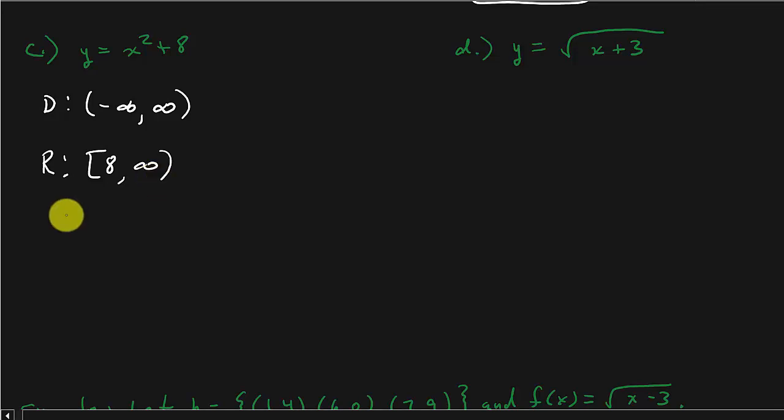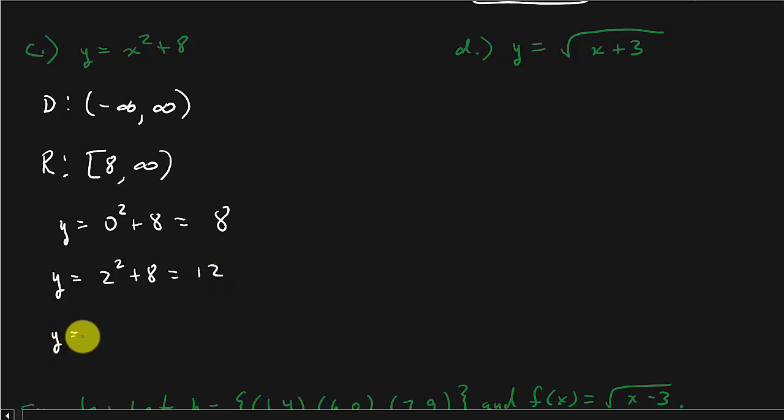All right, so if I take 0 and plug it in for x, I'm going to get 8 as an answer, right? And then I'm going to take 2 and plug it in for x. That's going to be 4 plus 8 is 12.